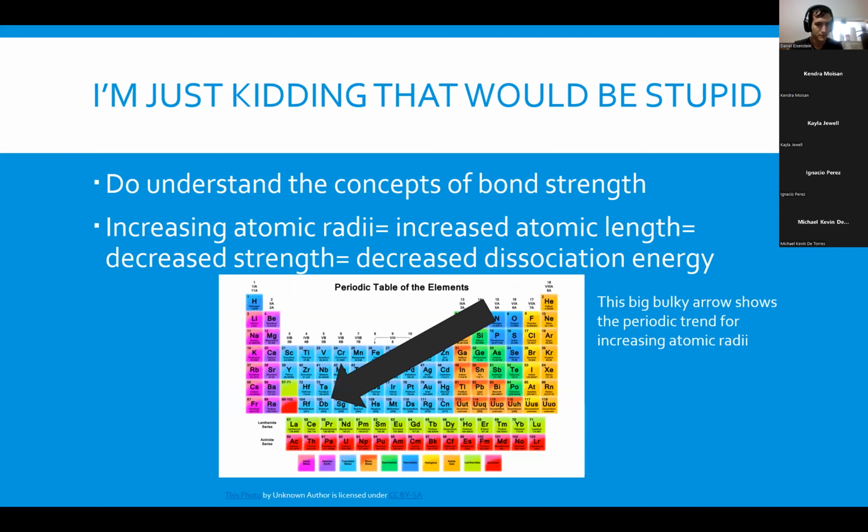So that's the periodic trend we were just talking about. Actually, this is different. This is the trend for atomic radii. Not too important.